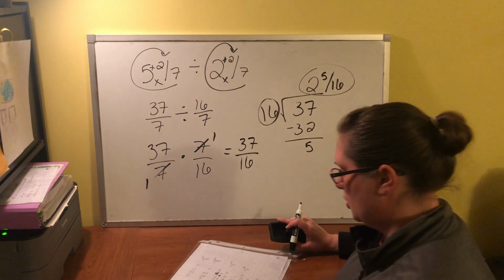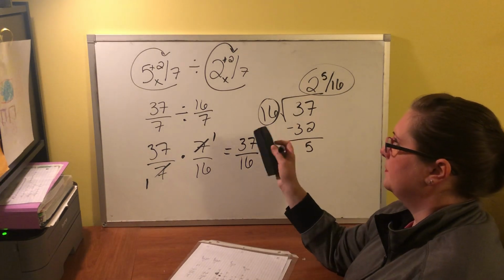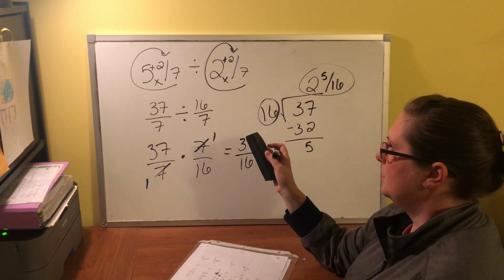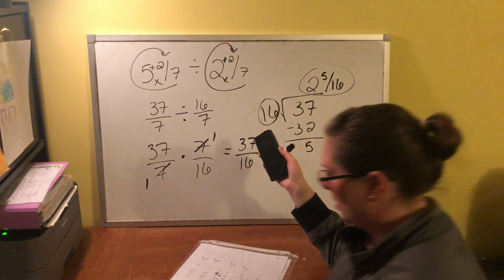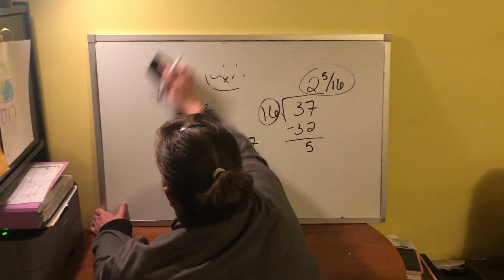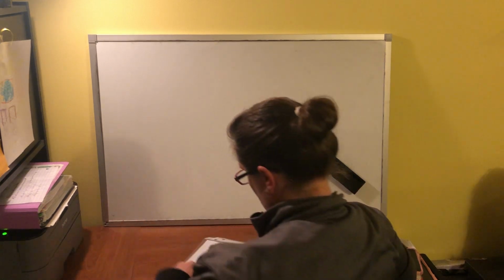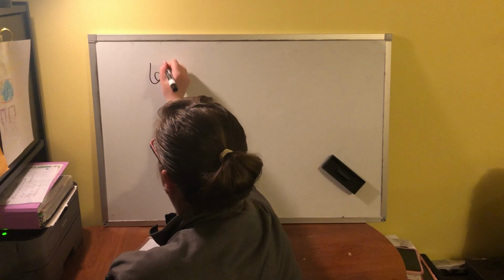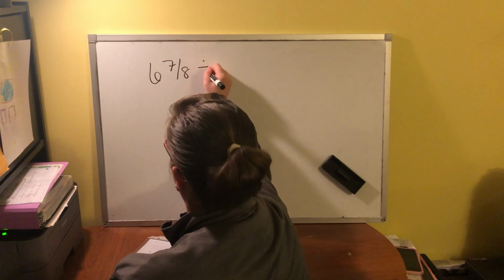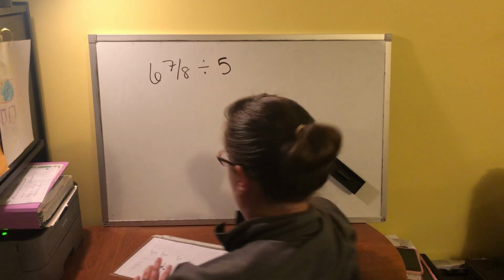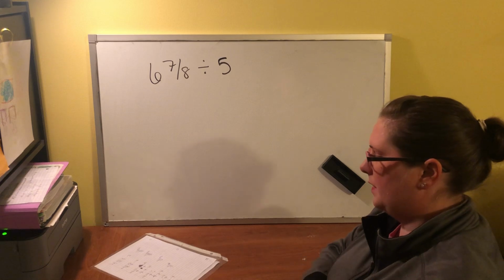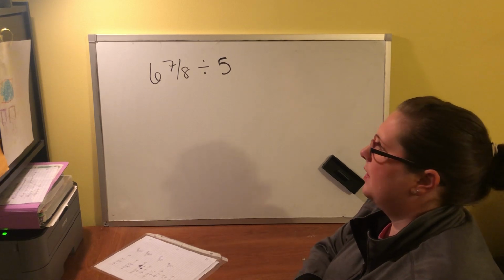Sometimes it is not just going to be two mixed numbers together. It may be a mixed number and a whole number. So let's do an example like that. Let's look at 6 7/8 divided by 5.